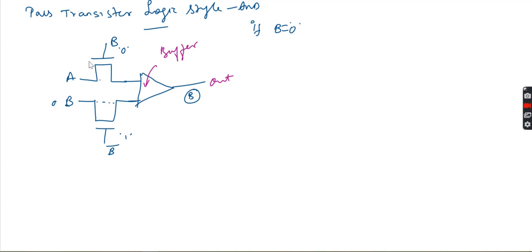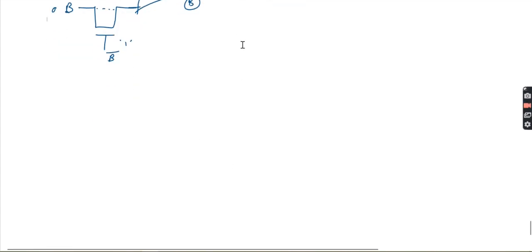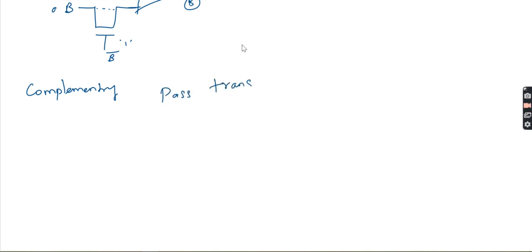So now, as I mentioned already, it is good. Now let us see how you can implement complex gates with complementary pass transistor logic, which is called CPL for short.